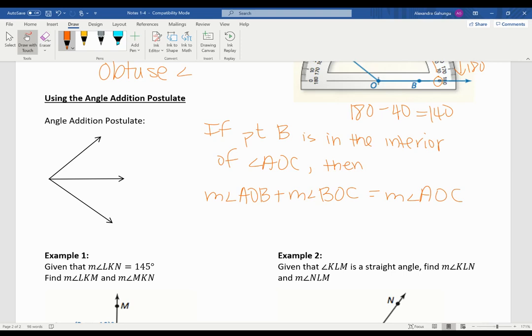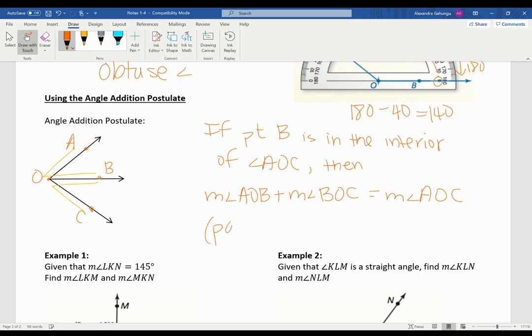So now we're going to actually look at what that means. So let's say I have an angle here. So angle AOC. If point B is in the interior, so it's somewhere in the middle, that's going to be point B. It's in the interior. Then I know that angle AOB, the part, plus BOC, the other part, should equal the whole big angle AOC.